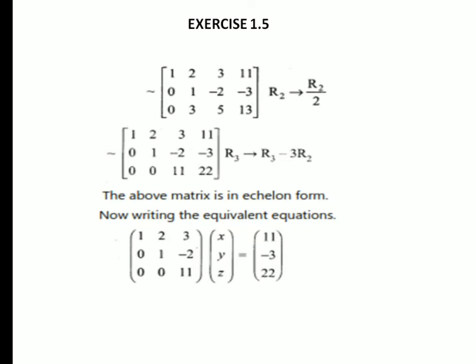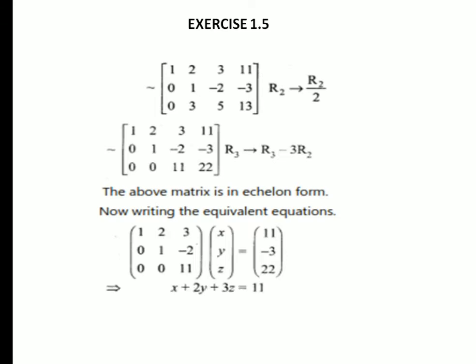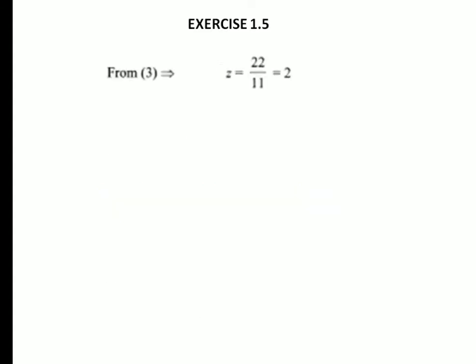Now writing the equivalent equation, AX equal to B. Then write first equation, second equation, third equation. Using this third equation, you find the z value equal to 2. Then substitute z value in the second equation.